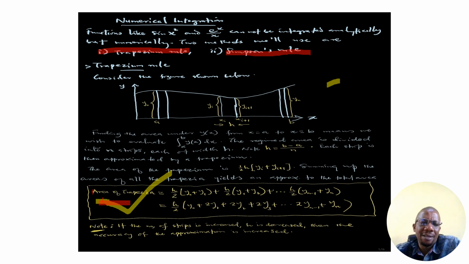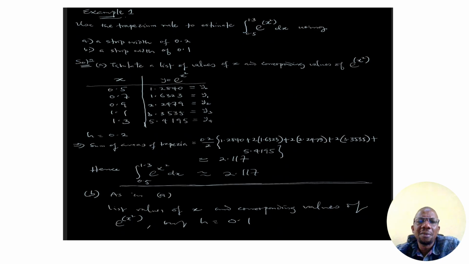So let's have an example to solve. Use the trapezium rule to estimate the integral from 0.5 to 1.3 of e to the power of x squared dx, using a strip width of 0.2 and a strip width of 0.1. Solution.